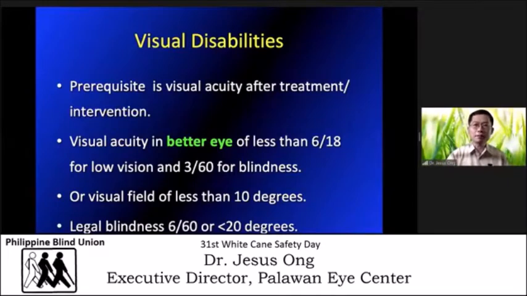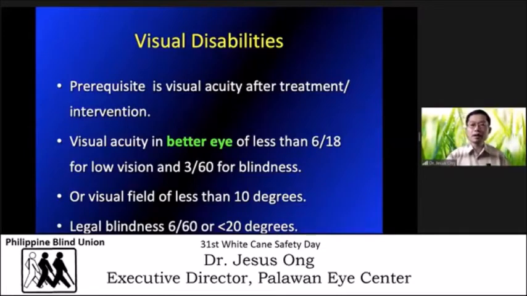So, bond paper, mga 13 inches by 8.5 inches. So, kunwari lang na ganun kalaki ang lawak ng paningin nyo. Pag less than 10 degrees, ang paningin ay halos less than 1 inch. 1 square inch ang paningin na naiiwan. So, na-imagine nyo yung liit na lang ng paningin, no?